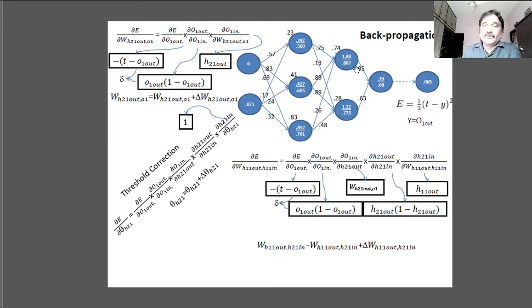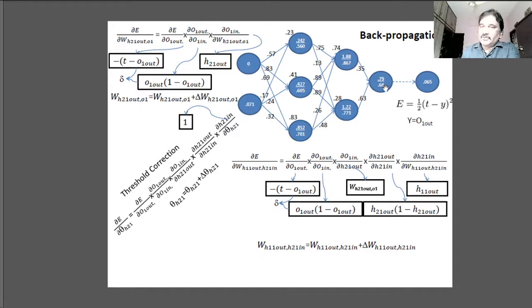Now we will not get the direct differentiation of error with respect to this weight, because there are some processes in between. What are those processes? O1 out is directly related to the error. O1 out is basically y.